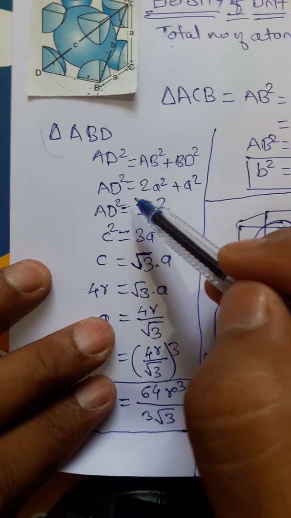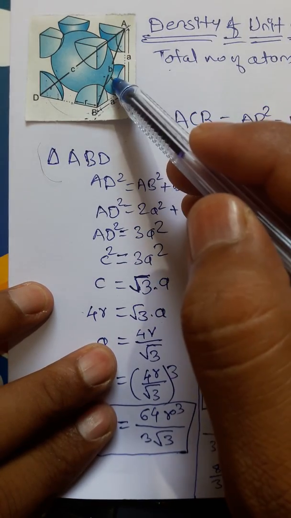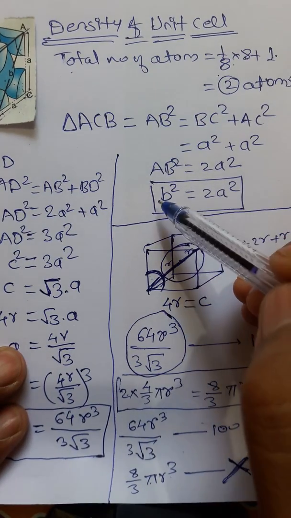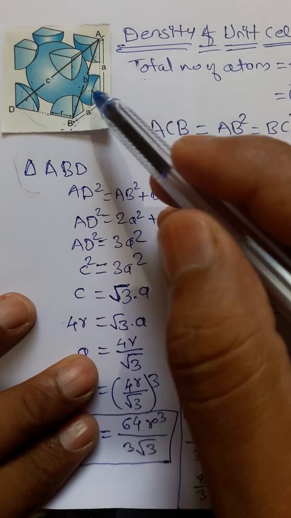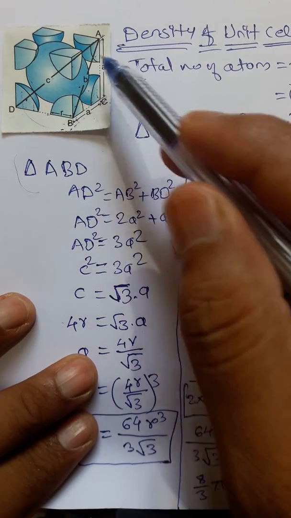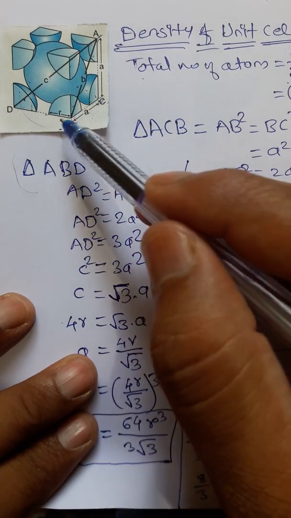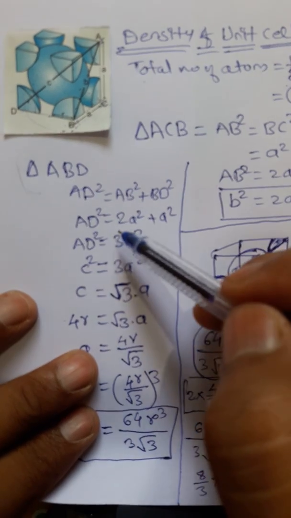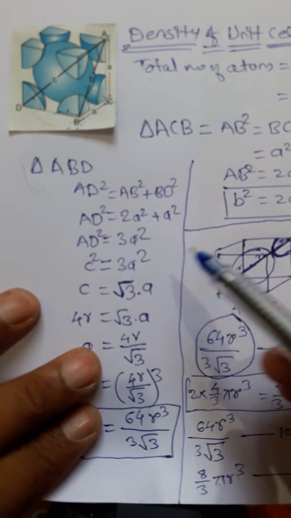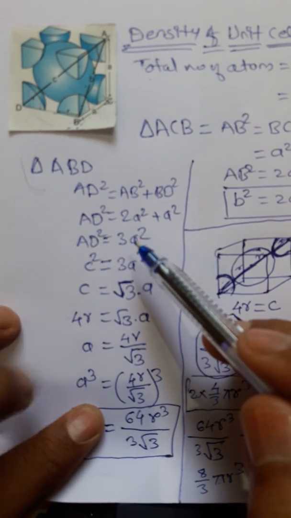What is the value of this b? Earlier we explained here, b square is equal to twice a square. So that value b square, means this square, becomes equal to twice a square. And what is the value of this BD? It is a square. So we get AD square is equal to thrice a square.